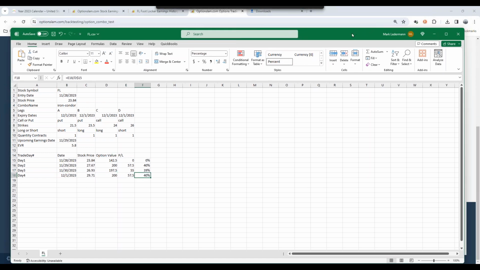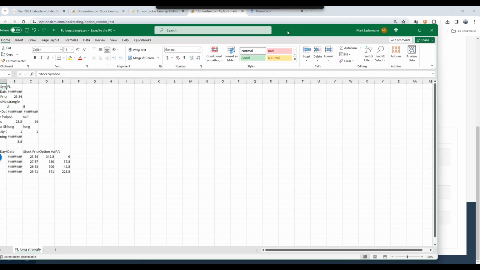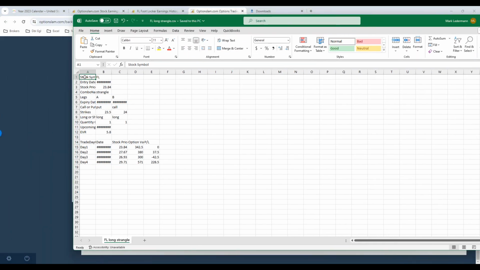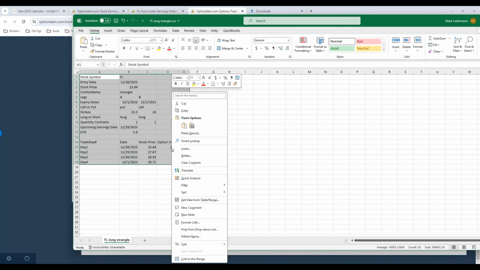Now, let's look at our other trade that we just downloaded, just the long strangle by itself. Open that up. Let's copy this into that other sheet so we can see them at the same time.